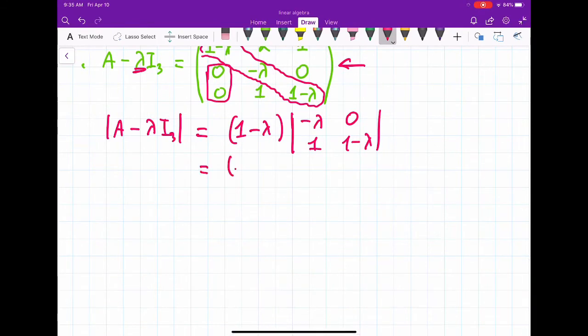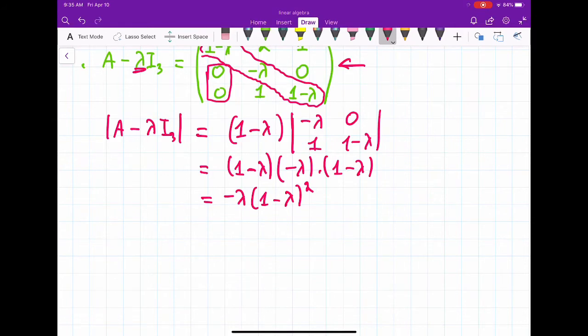And that is 1 minus lambda times negative lambda times 1 minus lambda. And that is just negative lambda times (1 minus lambda) squared, right? And you set this equal to 0. From here you get lambda equal to 0 or lambda equal to 1.